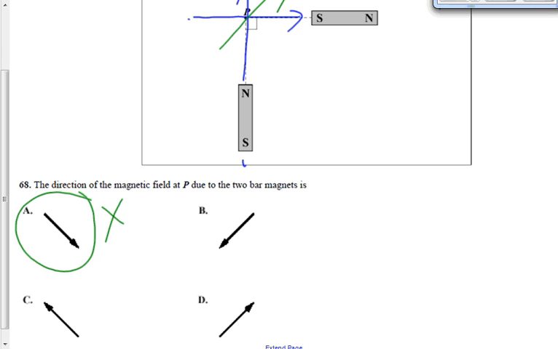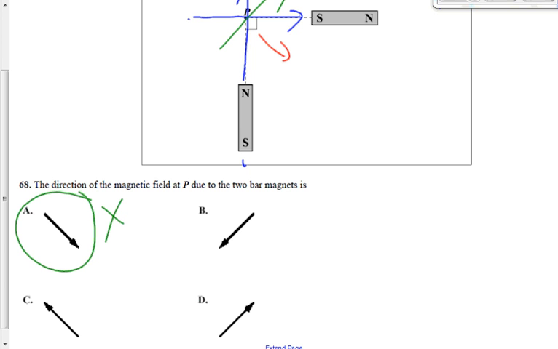So what you're saying is that you weren't sure what to do with this exactly. So you're saying that you got something at point P, it's going to kind of be attracted to the North Pole, and it's going to kind of be attracted to the South Pole. So in the end, it's going to end up being attracted somewhere in between. Okay, fair enough. That's not actually terrible logic. It's wrong, but I can understand where that came from for sure.